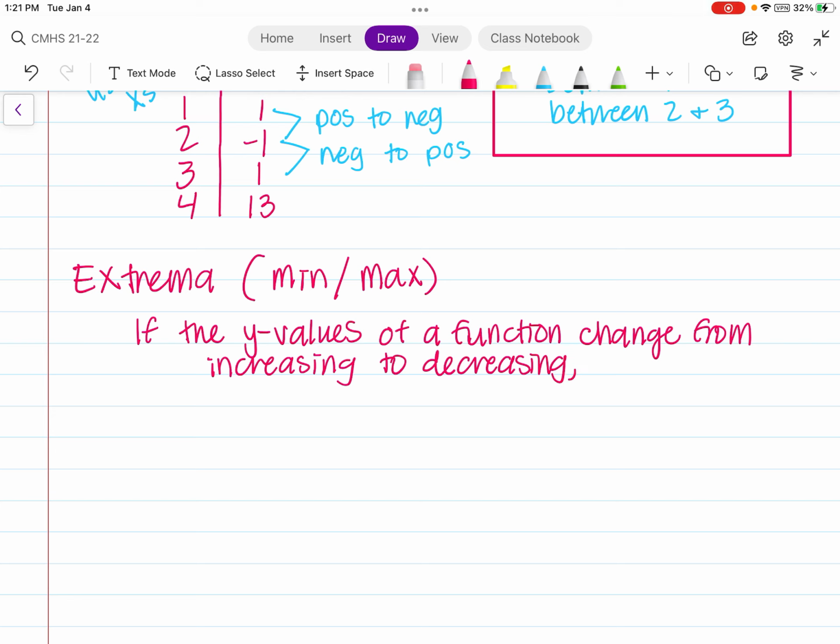Okay, imagine in your head a roller coaster increasing and then decreasing. Would that be a minimum or a maximum? Up and then down. Tell your partner, would that be a minimum or maximum? It will be maximum, right? There will be a maximum.